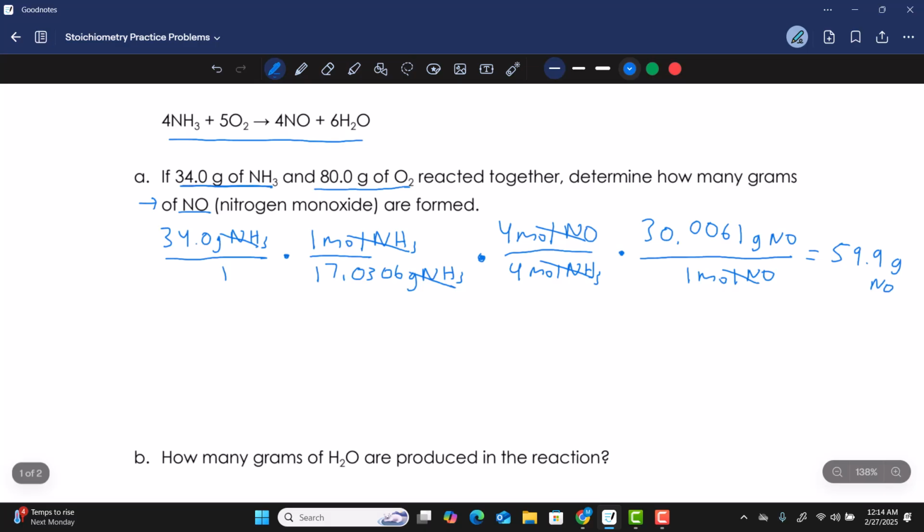Now we want to find the grams of NO made from the 80 grams of O2.